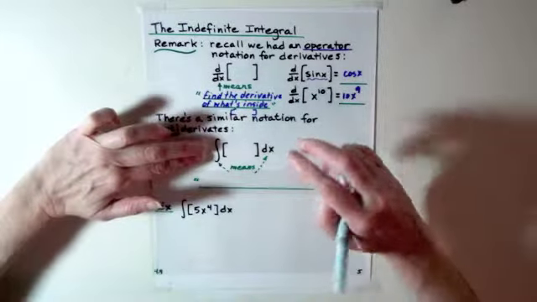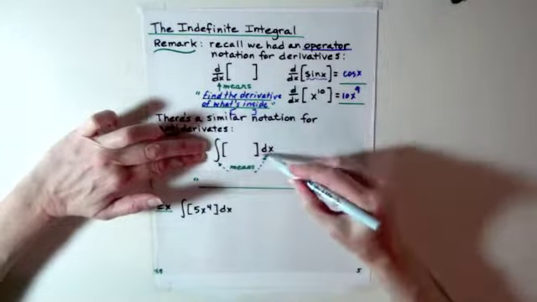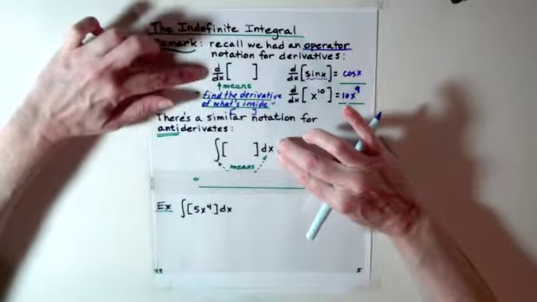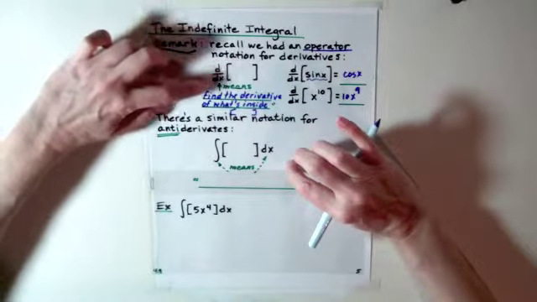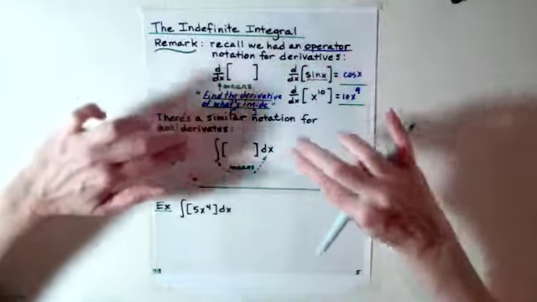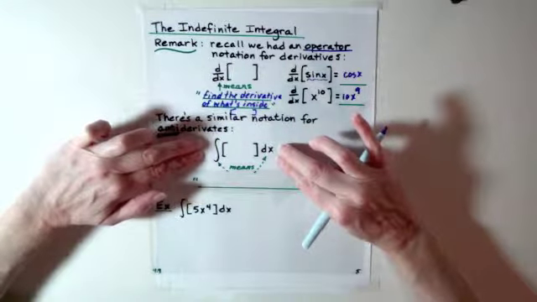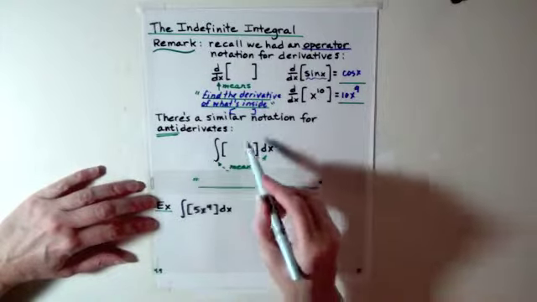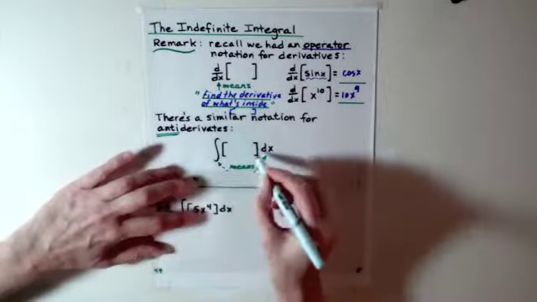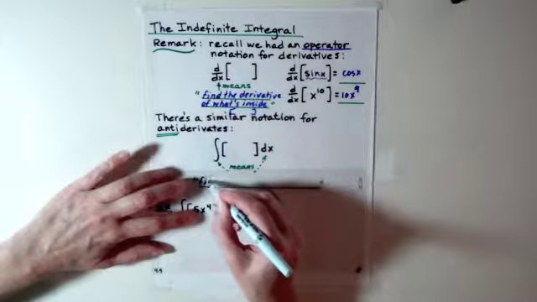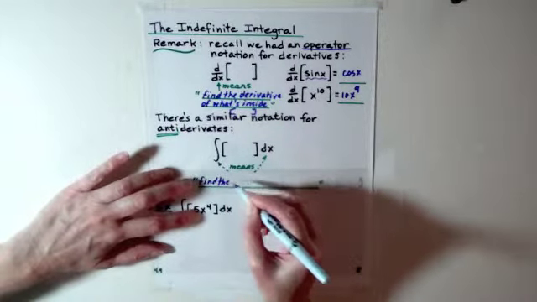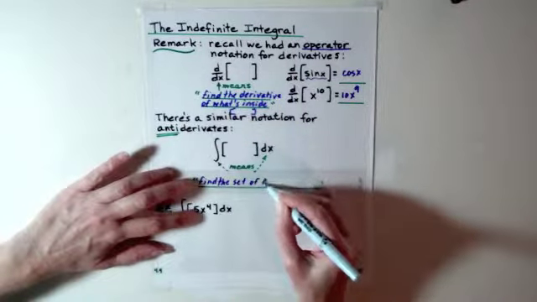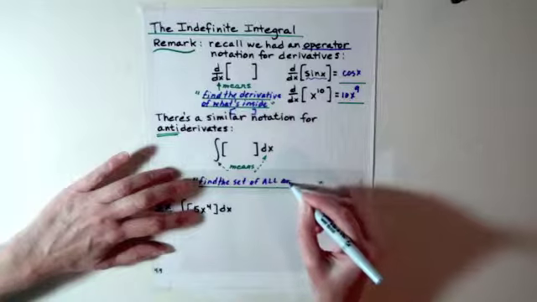So these two portions, this long stretched out S and the dx, are all part of the operator notation. It looks a little weird because usually we're used to an operator notation that has a single symbol and then the square brackets. But both of these are part of a single symbol that means find the set of all antiderivatives of whatever's inside the square brackets.